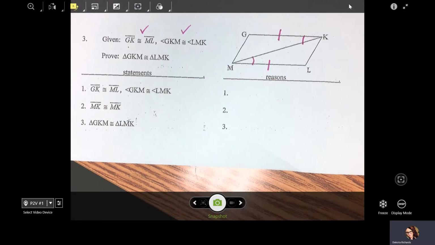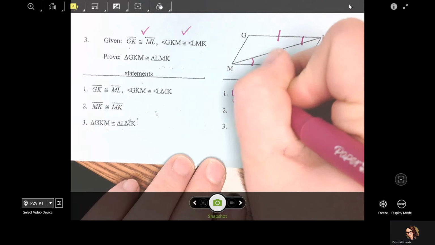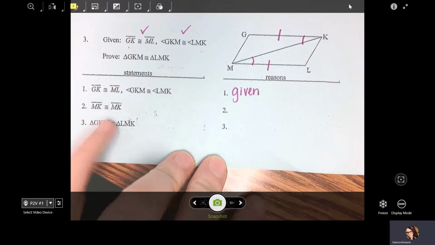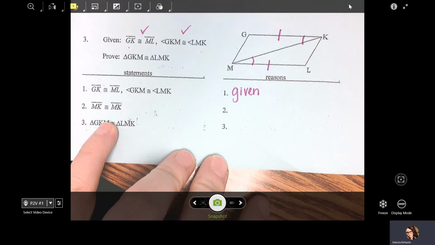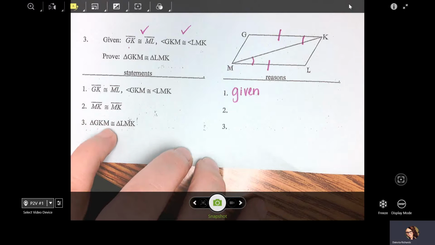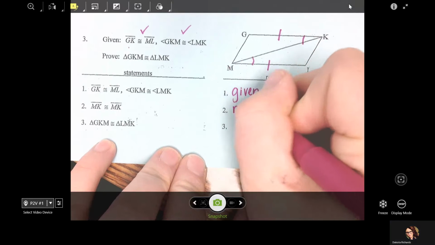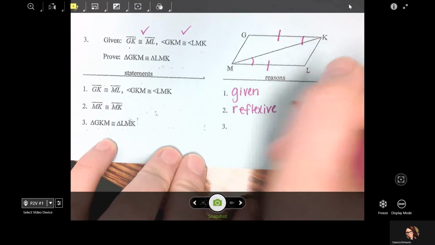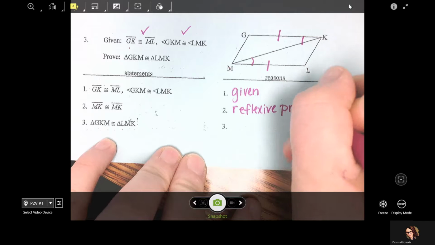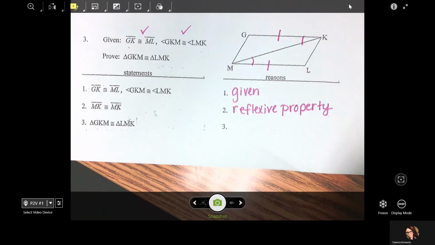All right, so reason number 1 is always given. MK equals MK, or MK is congruent to MK. Anytime you're setting something equal to itself, that is just the reflexive property. Triangle GKM is congruent to triangle LMK.